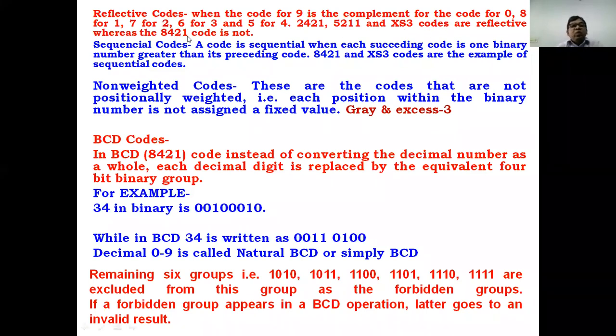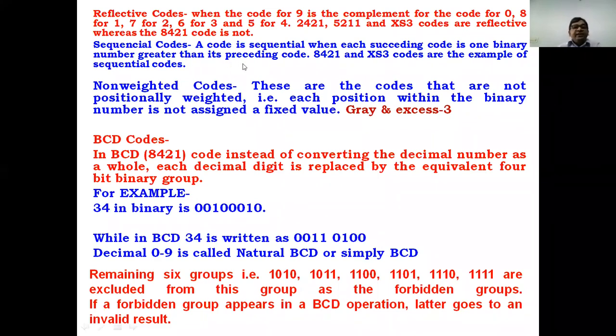Whereas the 8421 code is not reflective, it is a sequential code. A code is sequential when each succeeding code is one binary number greater than its preceding code. So 8421 and XS3 codes are examples of sequential codes.